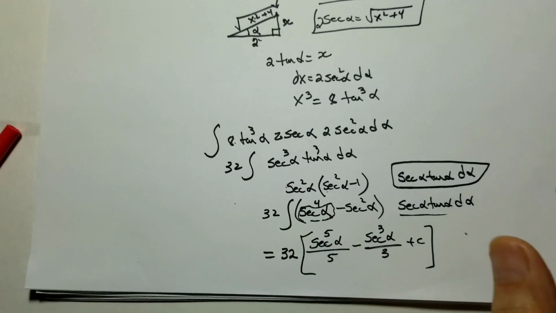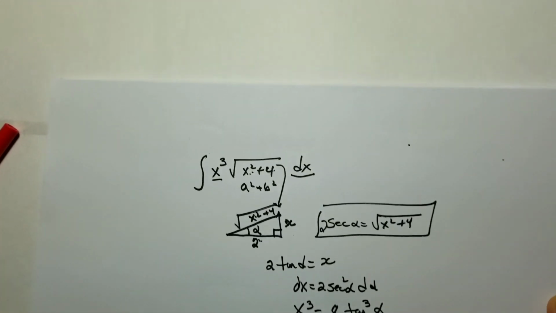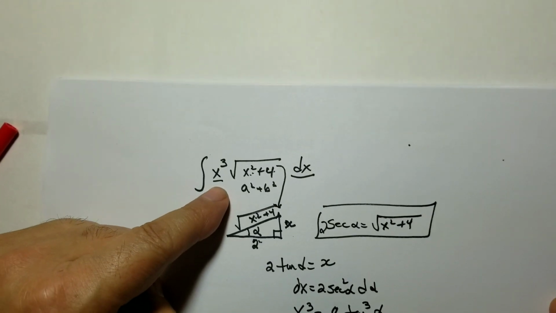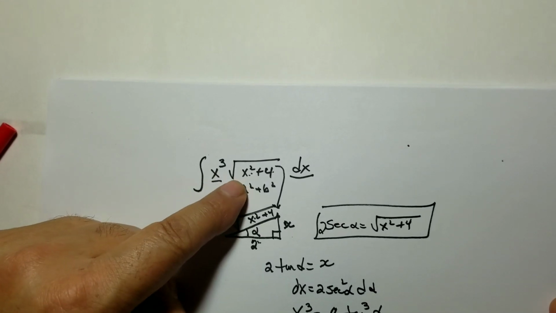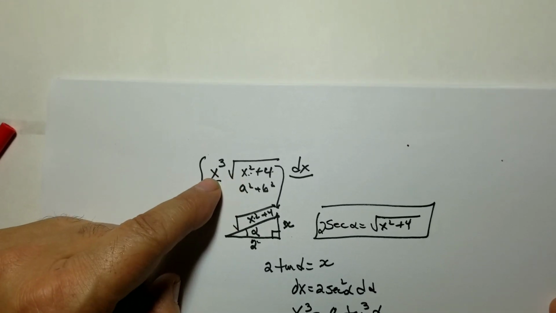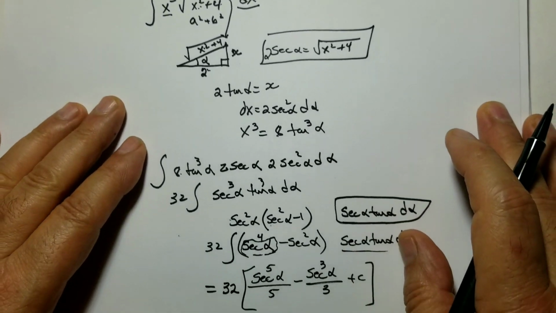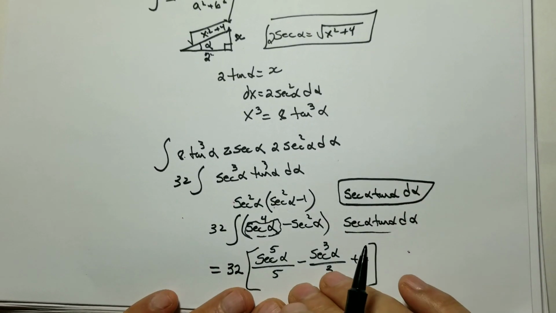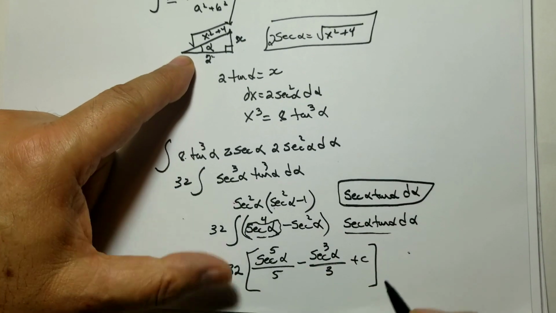But remember, I asked you to find an integral whose integrand was an algebraic function right here. Therefore, I have to change this back to algebra, and the only thing that helps me change to algebra is my triangle.